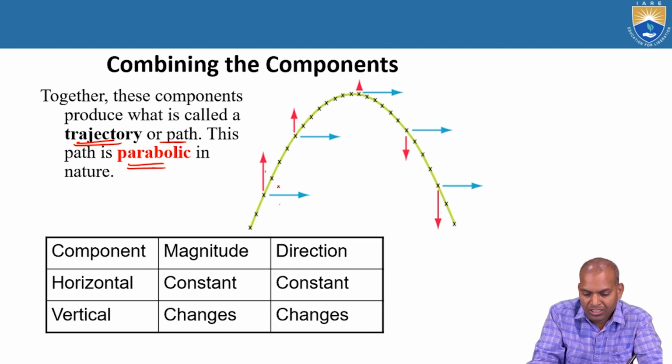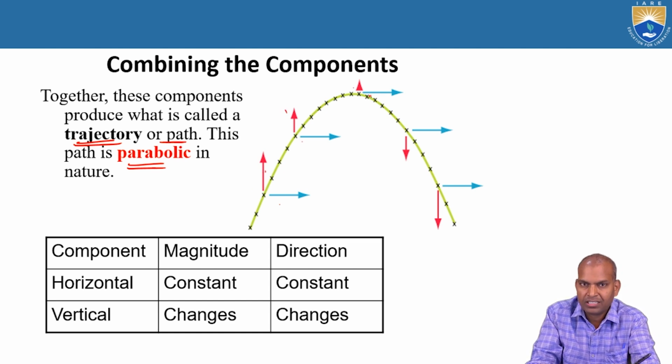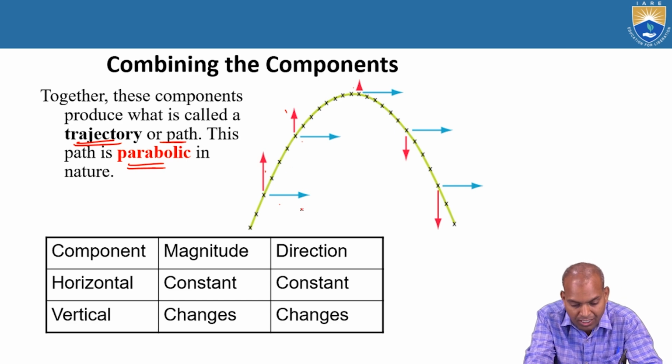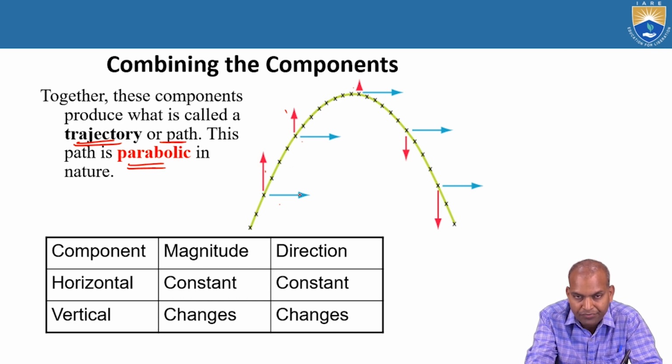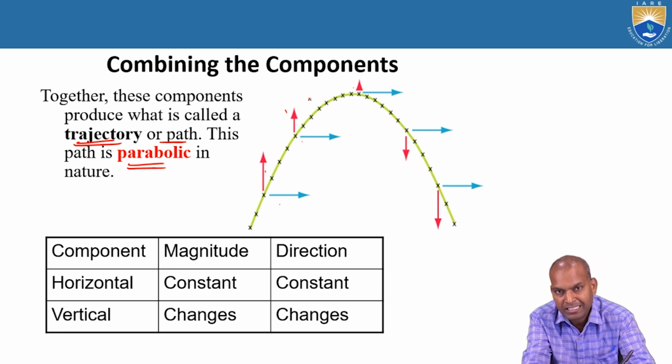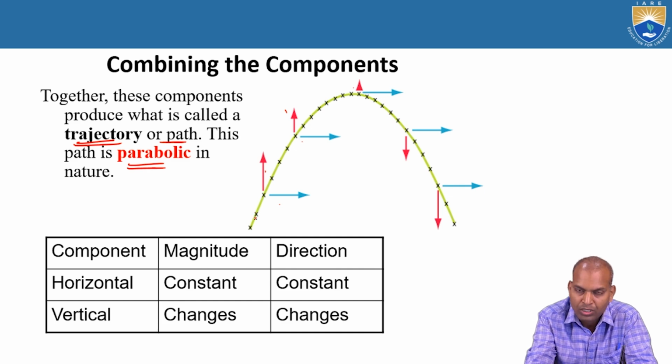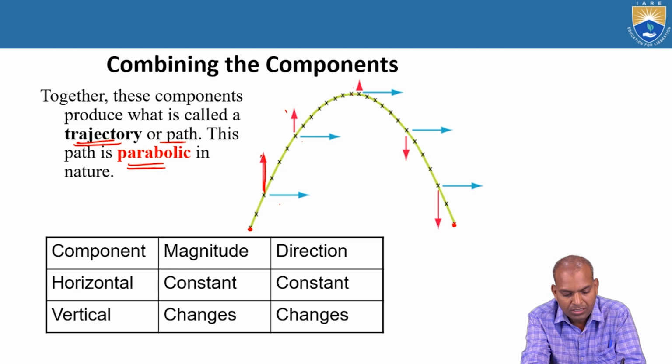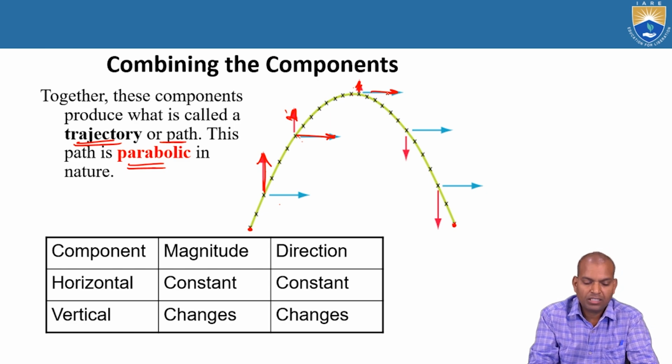The magnitude of the horizontal component doesn't change, while the magnitude of the vertical component changes: it is high at low height, decreases at the peak, and increases again when it is coming down. That is parabolic in nature.